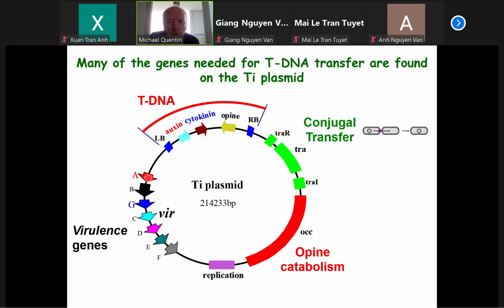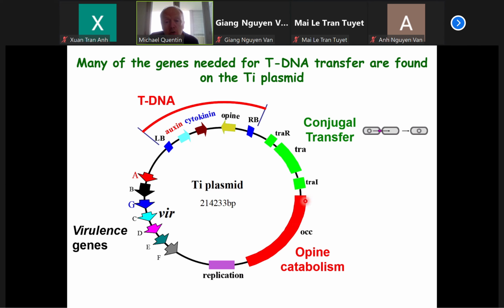This is a complete map of the Ti plasmid. And on this Ti plasmid, you will find different things. I told you there is a tDNA with the 3 genes allowing production of auxin, cytokinin, and opine. The virulence genes. Then you will also have on the Ti plasmid an opine catabolism region.